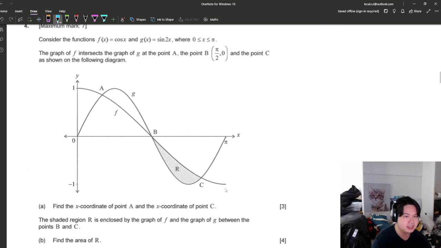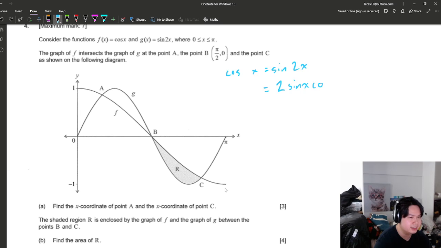If you want to find an intersection, you just equate the two functions. So cosine 2x is equal to sine 2x. And then, sorry, cosine x. And then there's not much you can really do because there's really only one option.